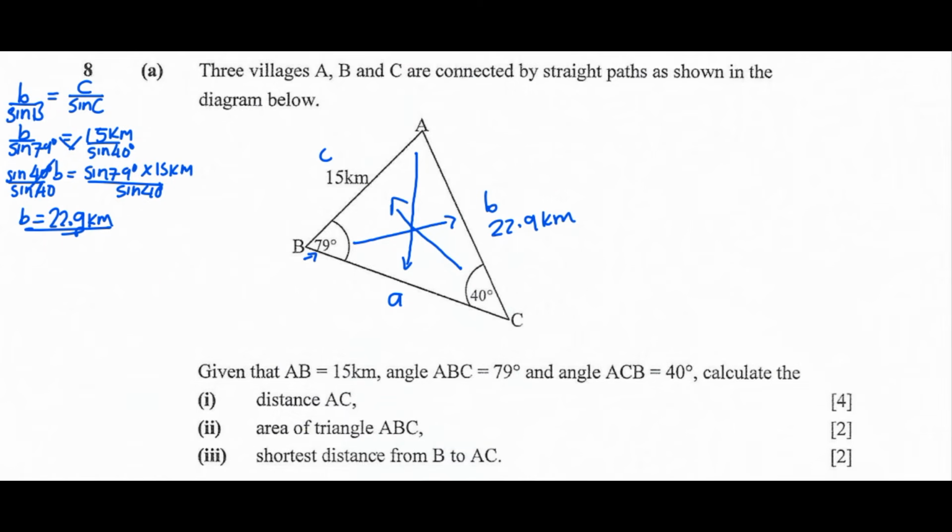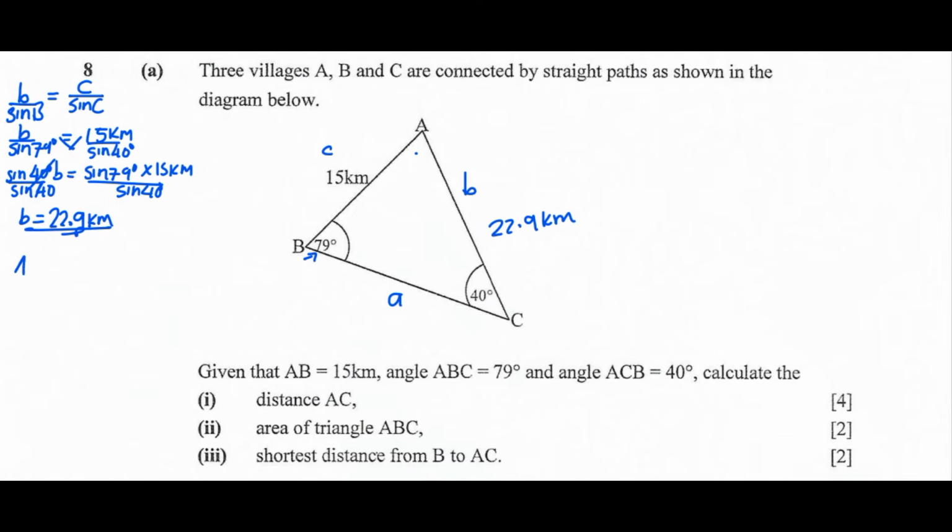Now let's move on to Roman number 2. We are looking for the area of triangle ABC.